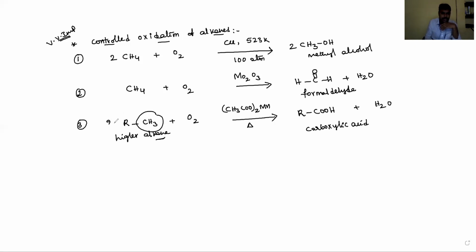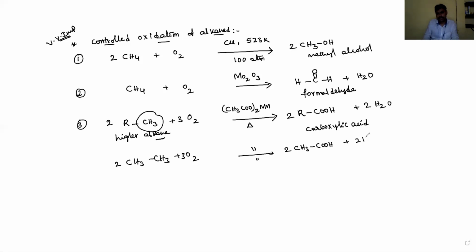So 2 moles of higher alkanes react with 3 moles of oxygen and produce 2 moles of RCOOH and 2H2O. Okay, so if R is CH3, then you are taking ethane. Ethane on controlled oxidation in the presence of manganese acetate produces acetic acid or ethanoic acid.